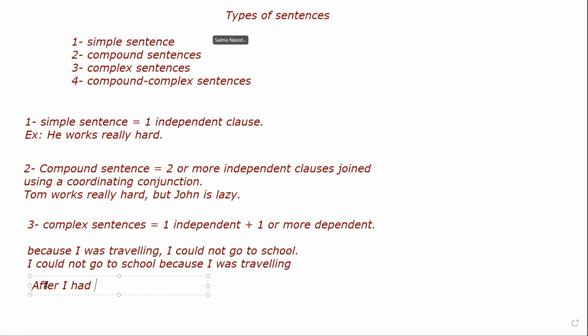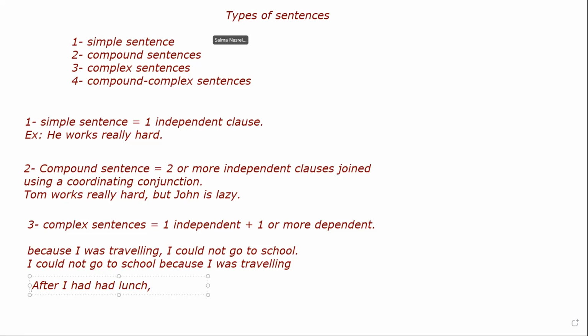Also, when I tell you, after I had lunch, should be in past perfect. After I had lunch, can I put a full stop and that would be my sentence? Of course not. It doesn't make any sense. It's not clear. I need the rest of it because it's dependent.